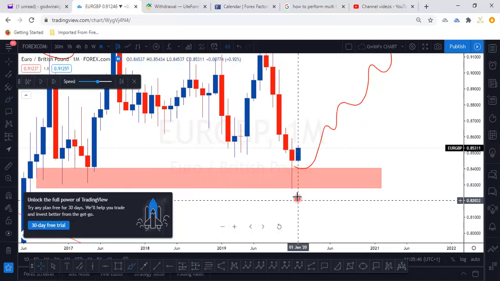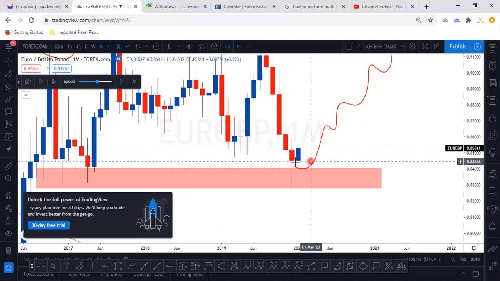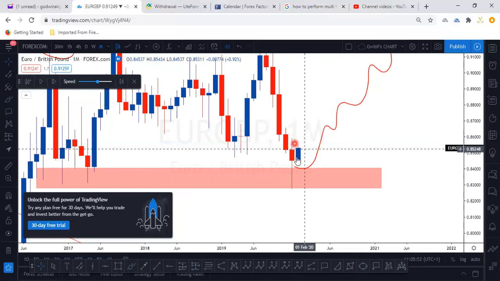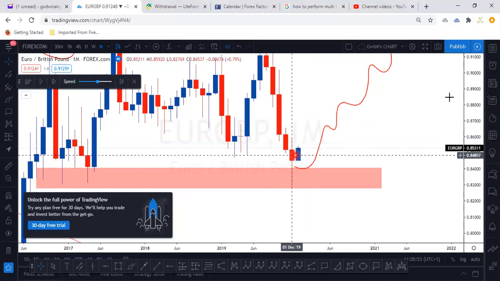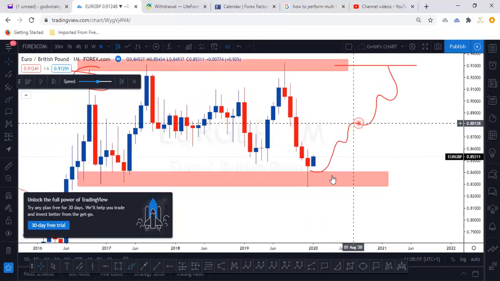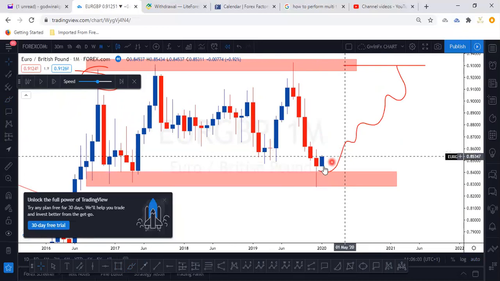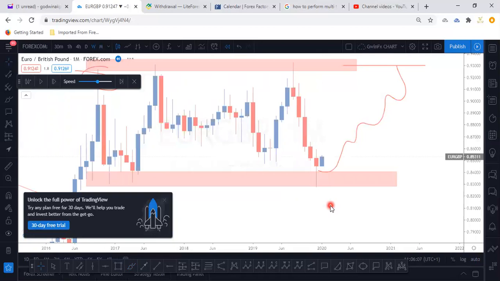If I had a bullish Marubozu candle here on a monthly time frame, it's good for a reversal. So possibly at the close of this month's candle, I want to wait on the weekly time frame.